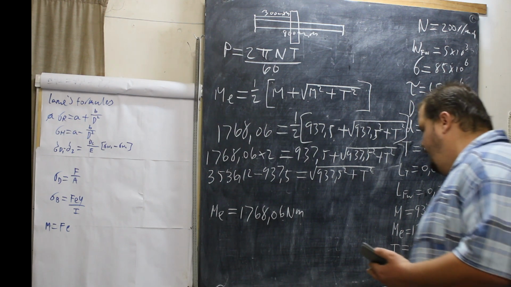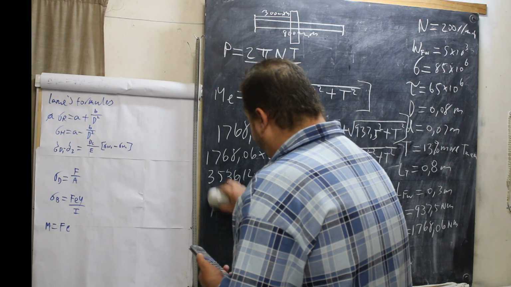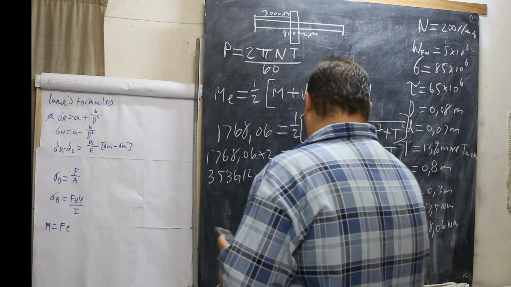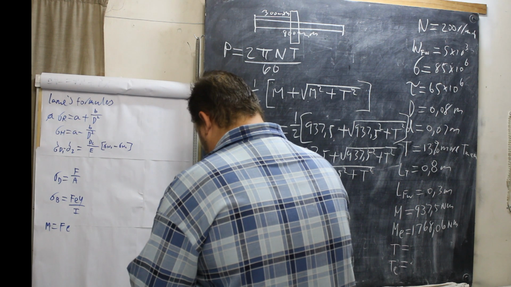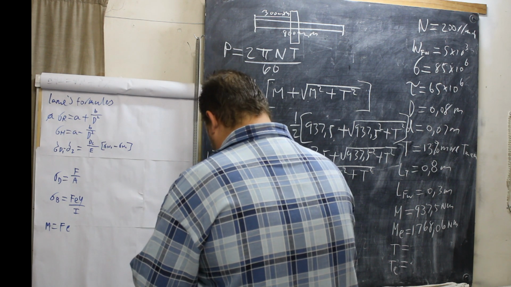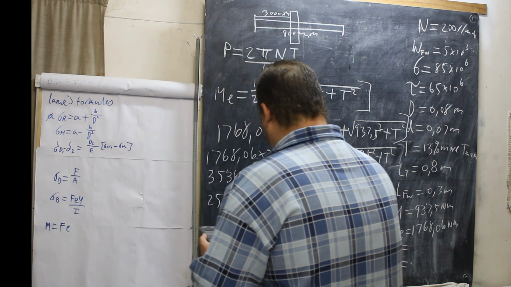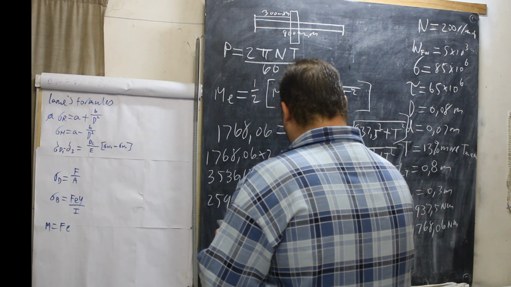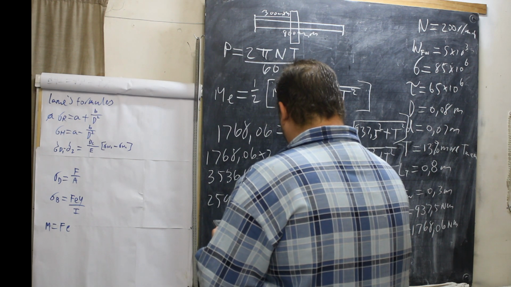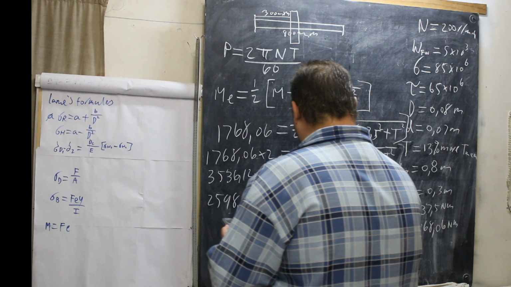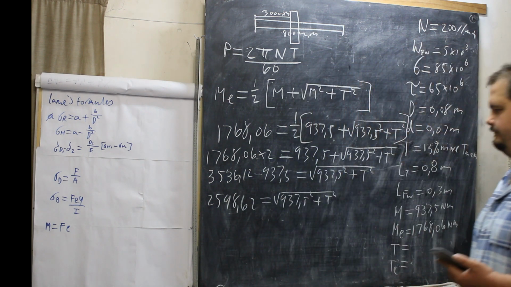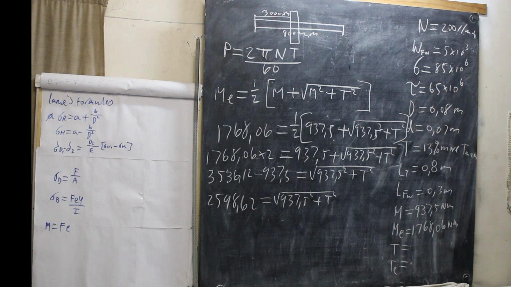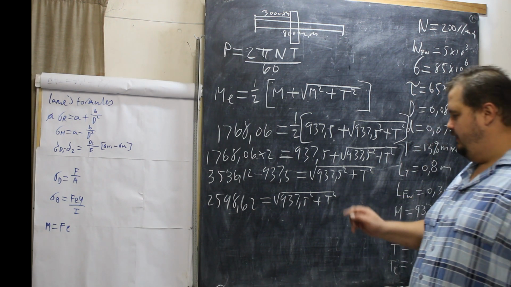Okay, now that we have that, now we can minus 2598,62 equals the root of 937,5 squared plus t squared. Now what we have to do is square both sides.